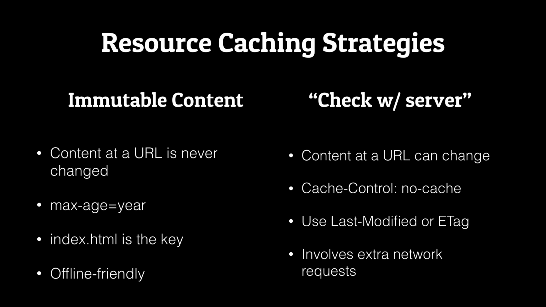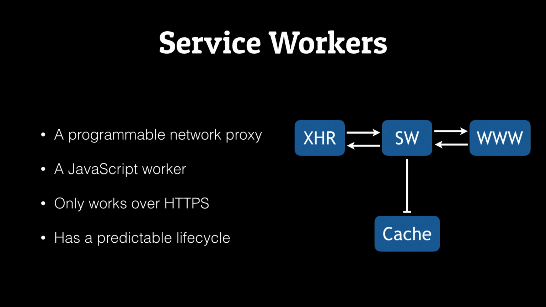What we can layer on top of these caching strategies is something called a service worker. Service workers are JavaScript workers, meaning they're a separate process that runs in addition to the usual JavaScript single thread, and they serve as programmable network proxies.